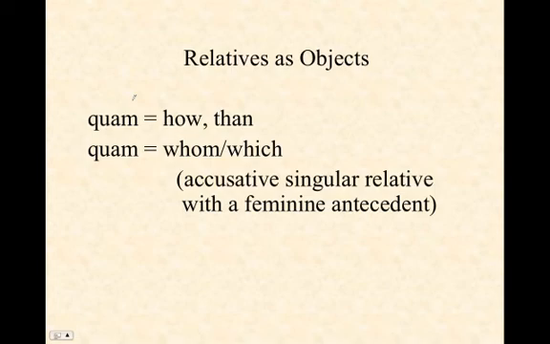And again, we have a problem here. You probably learned quam first as a word that meant how or than. Keep in mind that the exact same pronunciation and spelling is now a word that means whom or which. It is the accusative singular relative with a feminine antecedent.